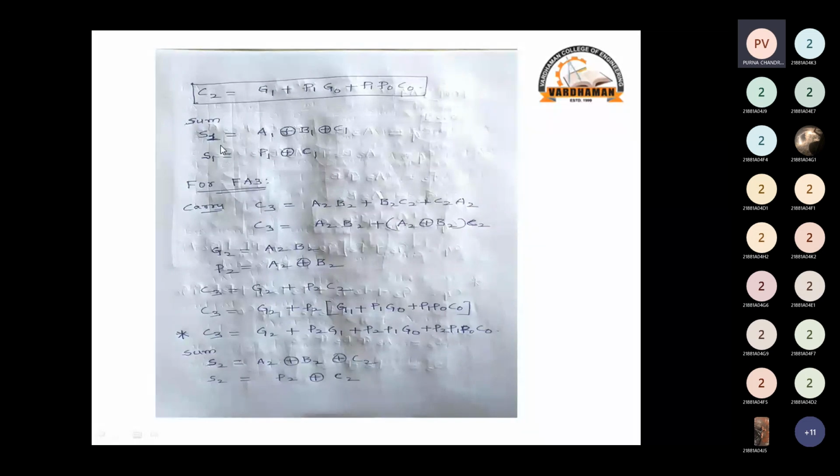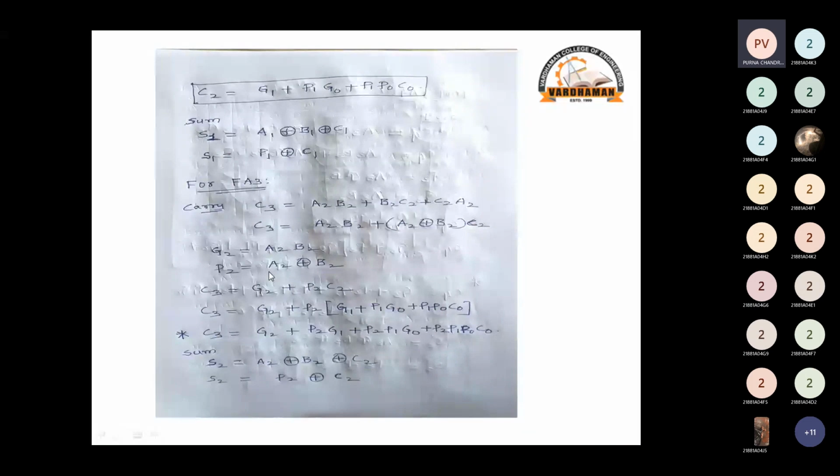Now come to full adder 3. The inputs are A2, B2 and C2, and the outputs are C3 and S2. Now what is the C3 expression? C3 is equal to G2 plus P2 C2, where G2 is equal to A2 B2 and P2 is equal to A2 XOR B2.